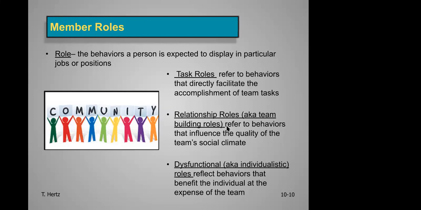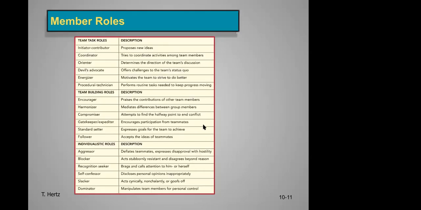And these are the team building roles. These are the behaviors that influence the quality of the social climate of the team. And the non-positive, the pejorative or individualistic dysfunctional roles are behaviors that benefit the individual at the expense of team performance. So these are the different roles that we typically see in teams: task roles, team builder roles, and individualistic or dysfunctional roles.